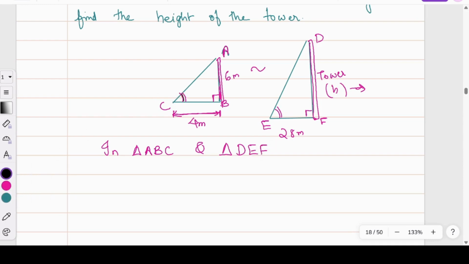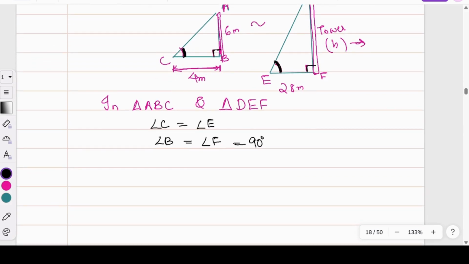It is already given that this angle C equal to angle E. Okay, angle C equal to angle E. Then they have given this is perpendicular height, right? So angle B equal to angle F, which is equal to 90 degree. Okay, therefore what we can tell?